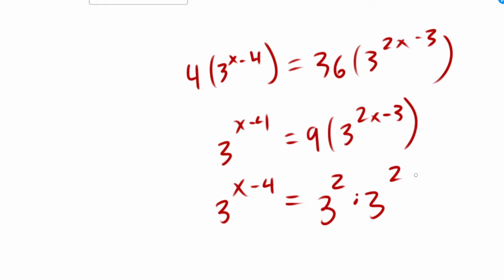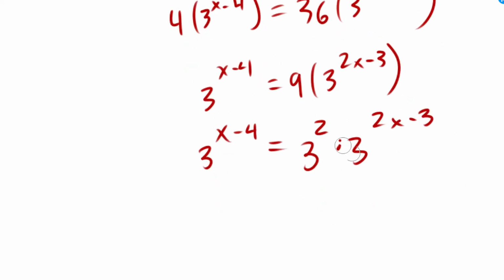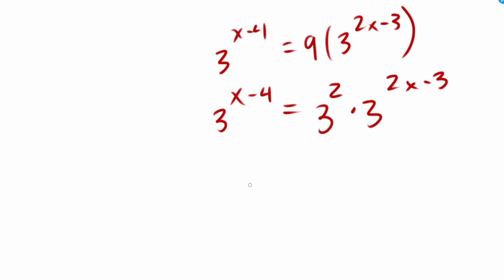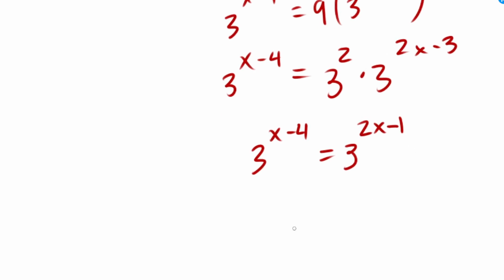Two exponents with the same base multiplied together are going to be added. So we'll have 3 to the x minus 4 equals 3 to the 2x minus 3 plus 2, which is going to be 2x minus 1. Then we can set the exponents equal to each other.